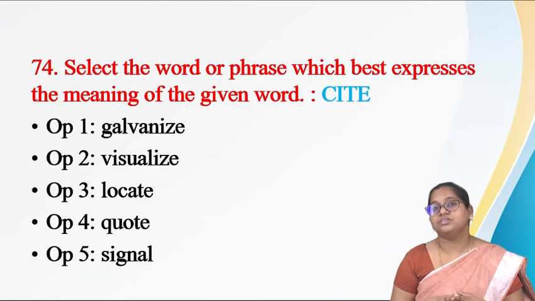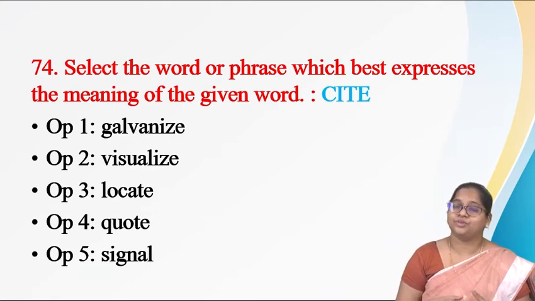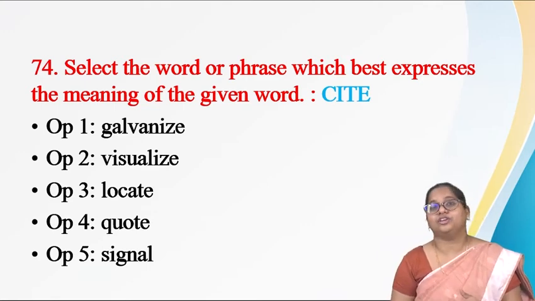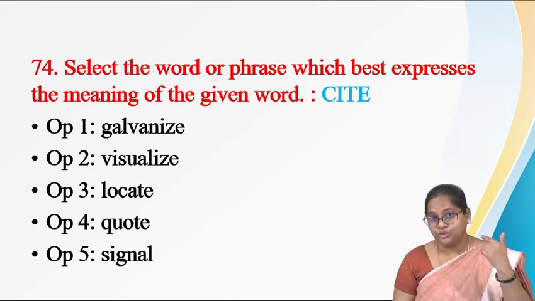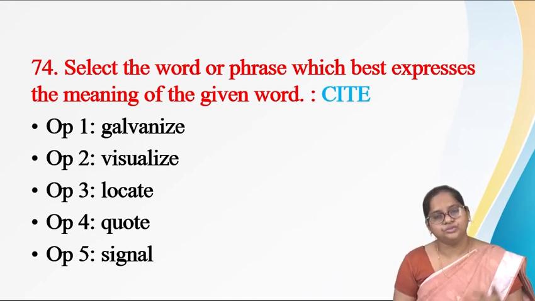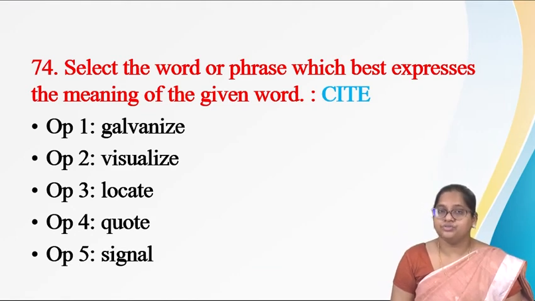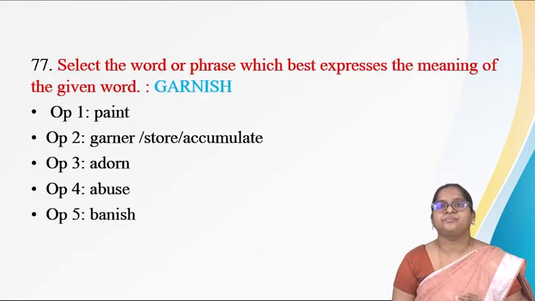You have to cite someone's work. You have to acknowledge someone's work when you use their thought, their work, their idea, or their information. So that is to do with ethics. Ethically it is right when you quote someone, because you cannot take that as your own and propose that it is your own claim. So that is wrong. So that is the meaning. So option 4 is the right answer.